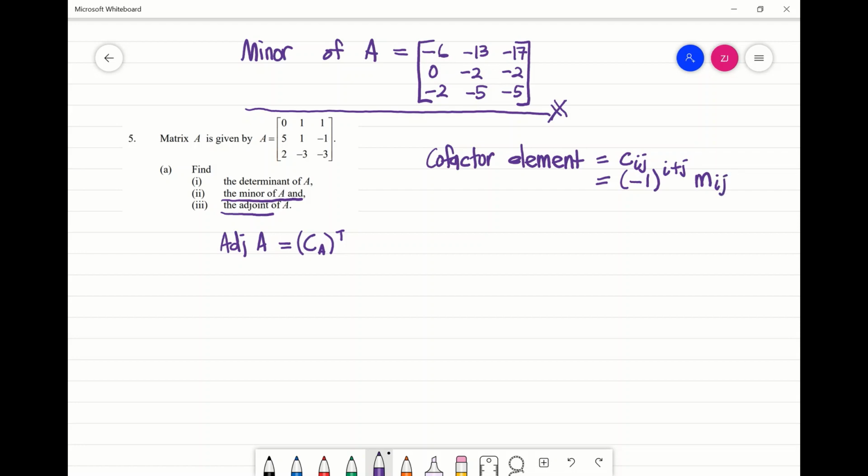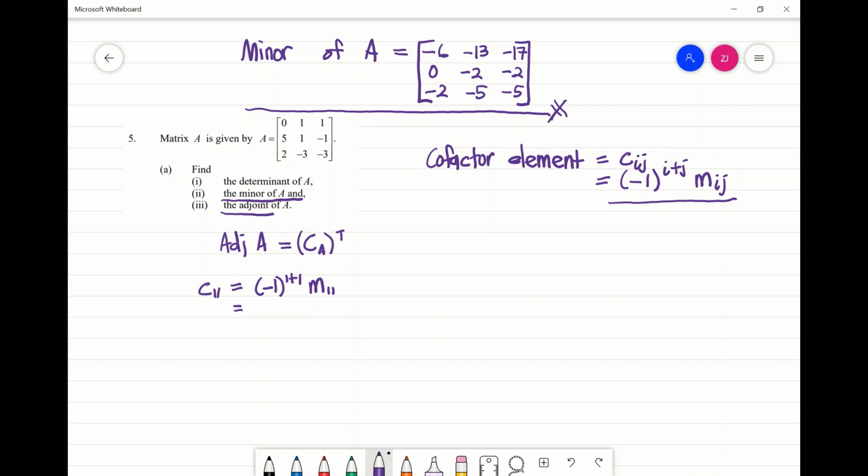So how to find the cofactor matrix? We need to find the cofactor element first. So C11, if we substitute into this formula, we will have -1 to the power of 1 plus 1 times M11.